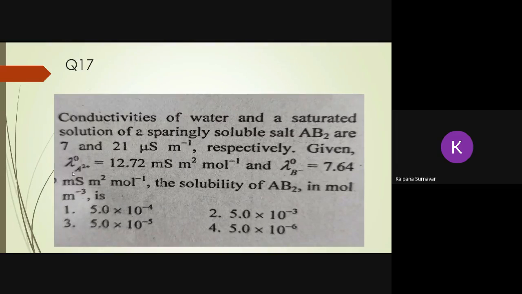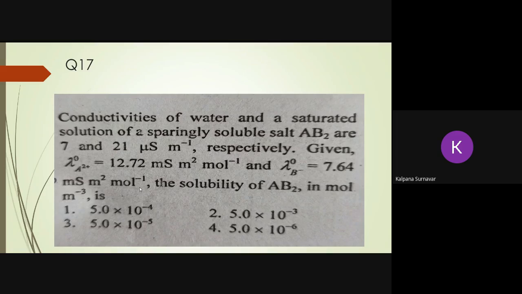Given are the values of the equivalent conductance of two species: lambda of A2 plus is equal to 12.72 millisiemen meter square per mole, and the equivalent conductance of the second species, B minus, is 7.64 millisiemen meter square per mole.